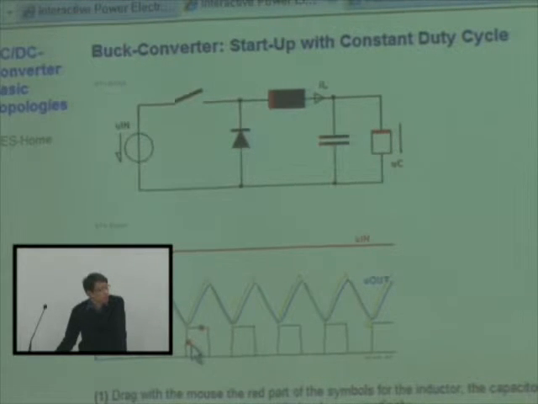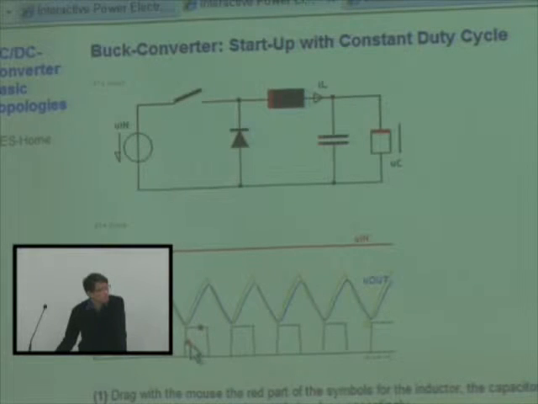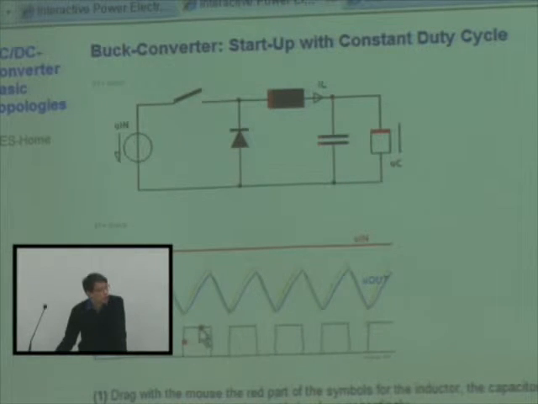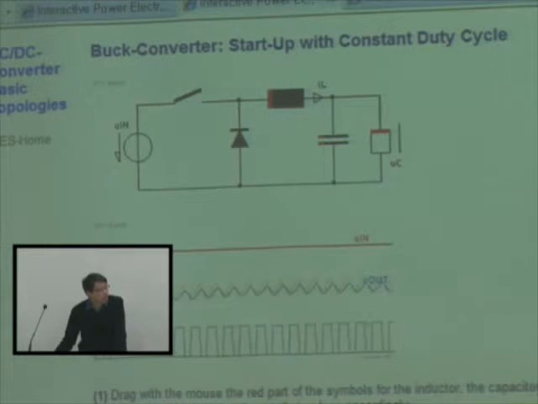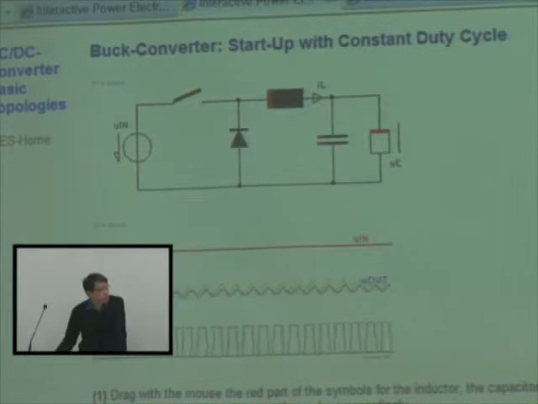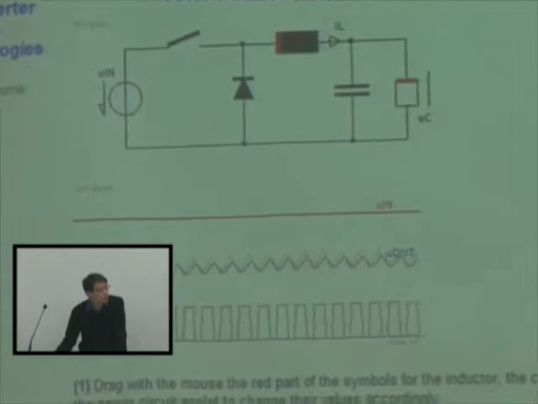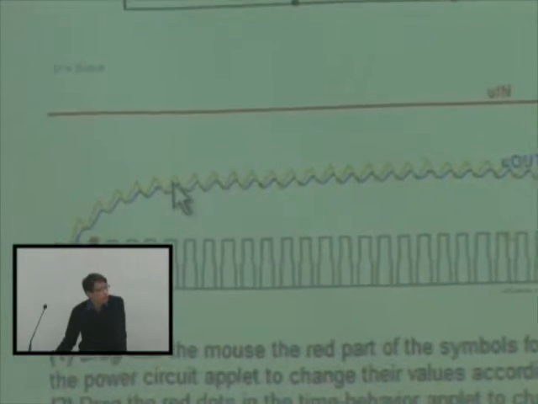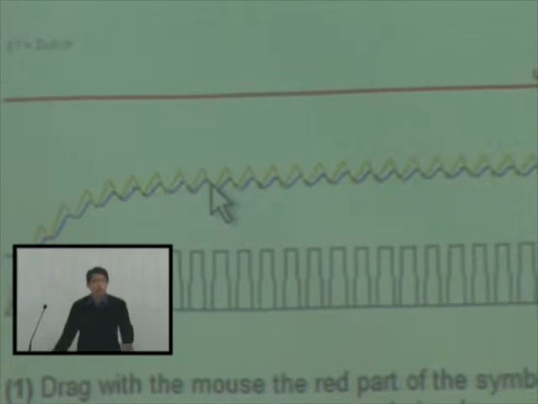First, when I increase this switching frequency, let's focus on the output voltage, the blue one, the ripple. Does it change? Yes. When I increase the switching frequency, the ripple becomes smaller.